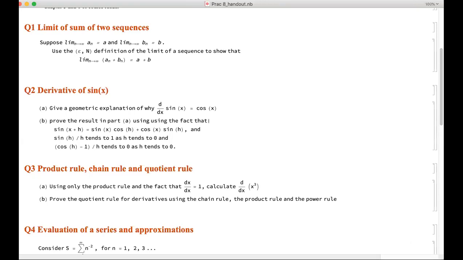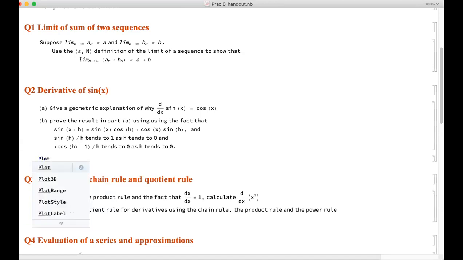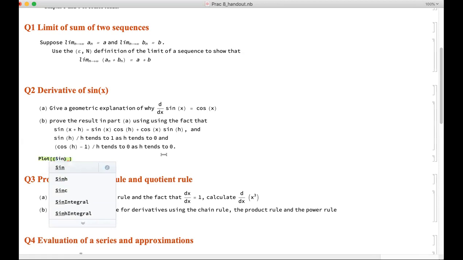Okay, let's plot sin x and cos x on the same diagram, same image. We have to plot both functions, and we need to give a plot range.